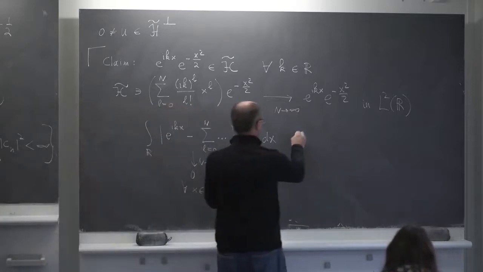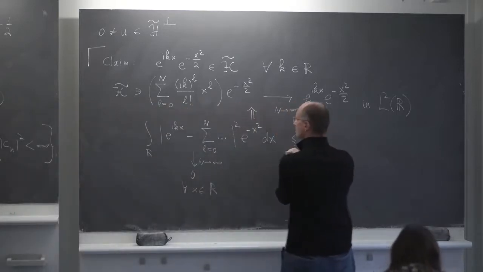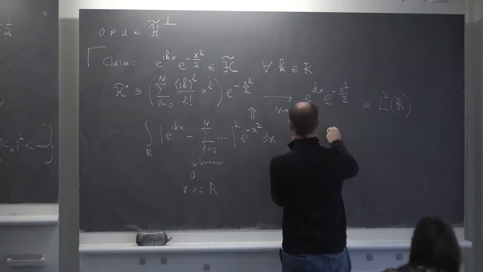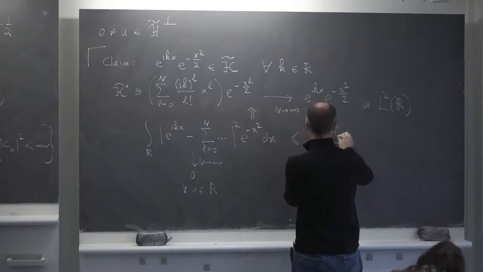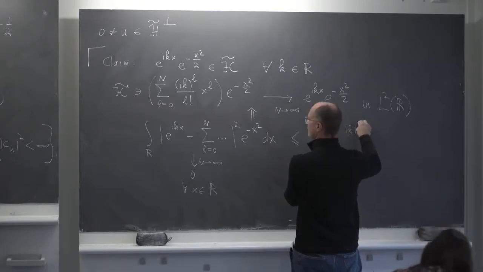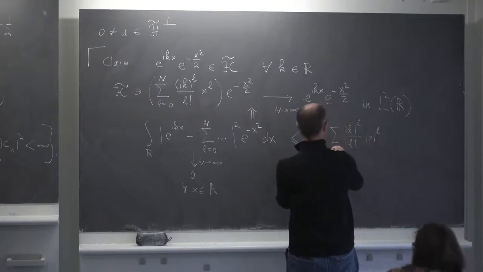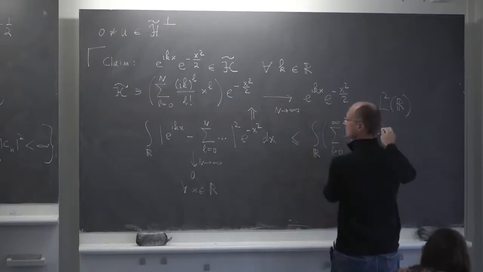And this integral is dominated by the following expression. Let me take the sum of (k to the L over L factorial) times x to the L, here let's say from 0 to infinity, and this is squared.